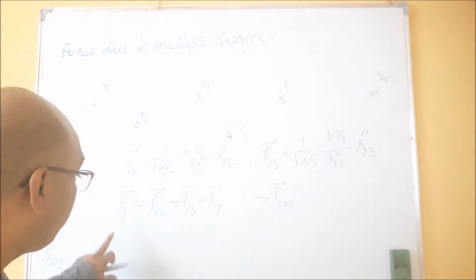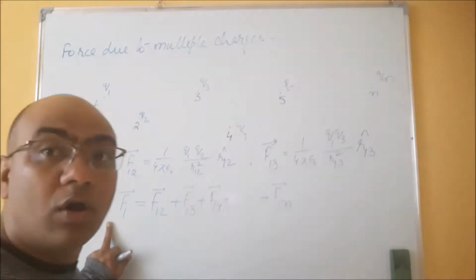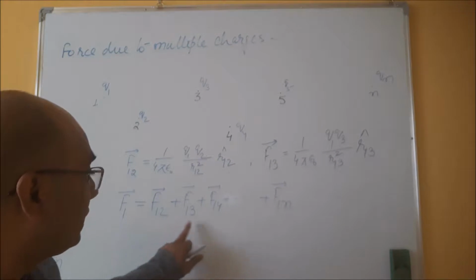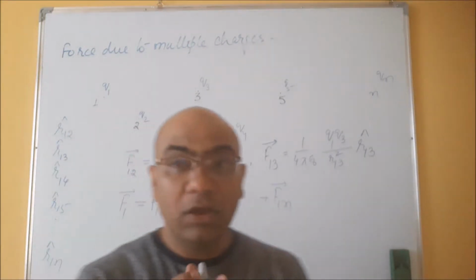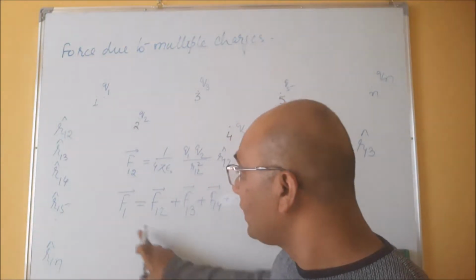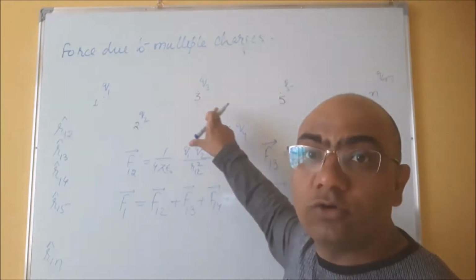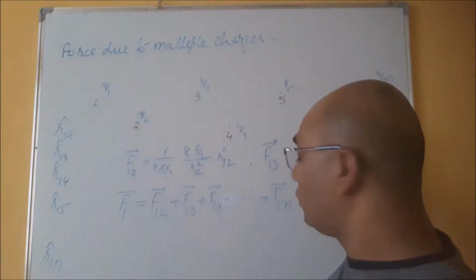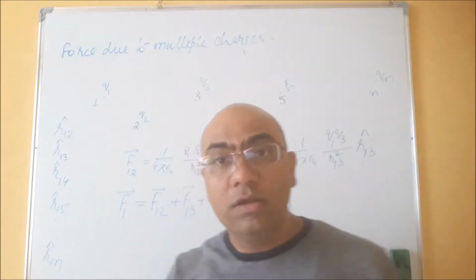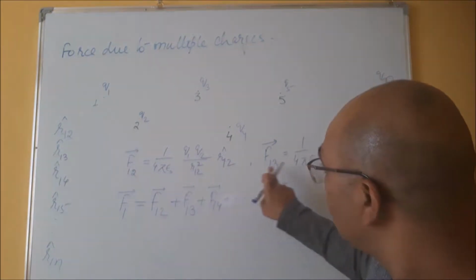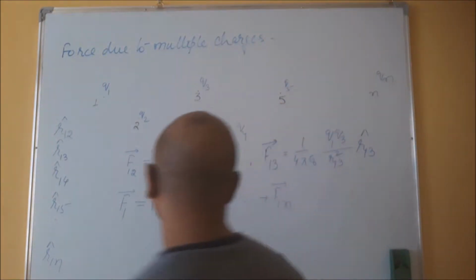So the total force on charged particle 1 is given by the vector sum of all the forces which act on charge 1 due to 2, due to 3, due to 4 and till due to n. Right? So if I put in the values of all these, what can I do?